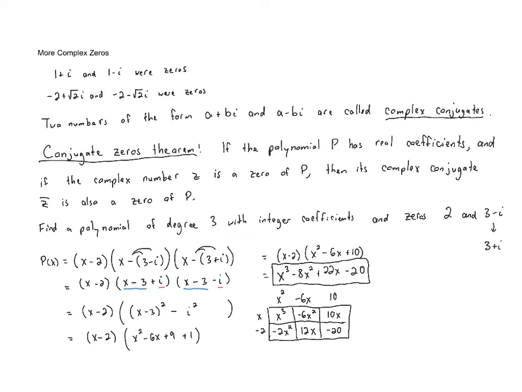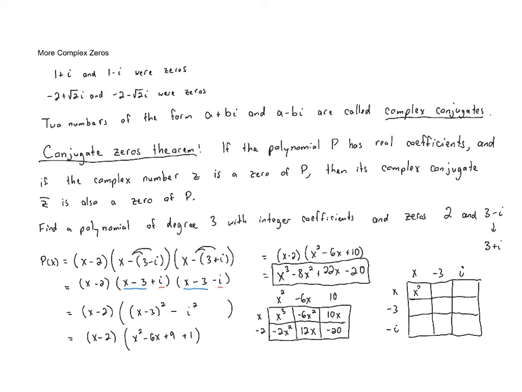One last note: if you struggled to see that this was a sum and difference that gave us a difference of squares, the alternate way to figure out what this product is, because we have 3 terms times 3 terms, is to use the table method with a 3 by 3 table. We've got x, negative 3, and i, x, negative 3, and negative i.